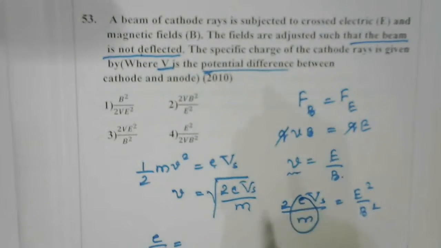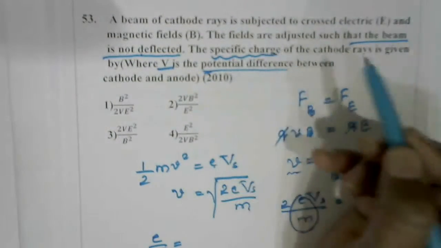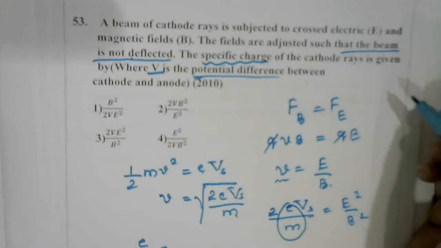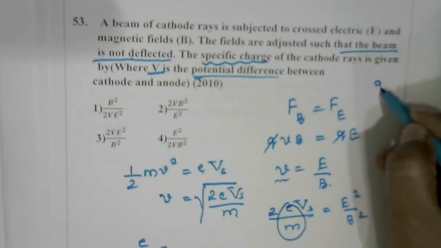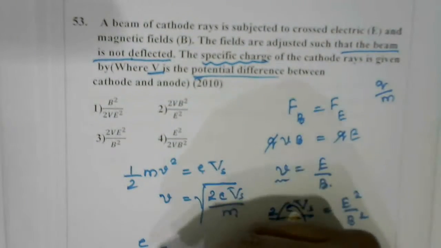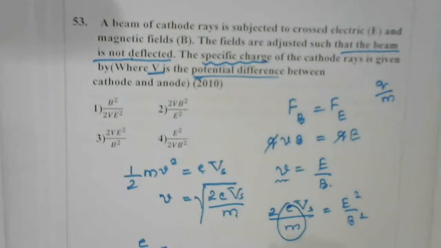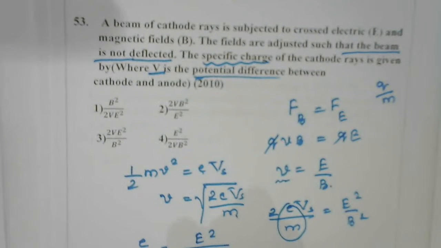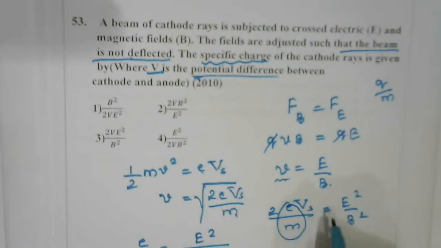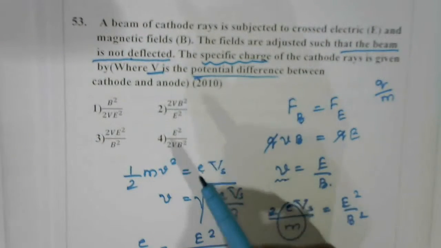If you want only this much, then e by m. We got a specific charge, children. Hope you remember, specific charge of any particle is nothing but the charge of that particle by the mass of that. Whereas we are speaking of cathode rays, hence electrons I am taking, will be equal to E square divided by 2Vs into B square. So we are getting the fourth option.